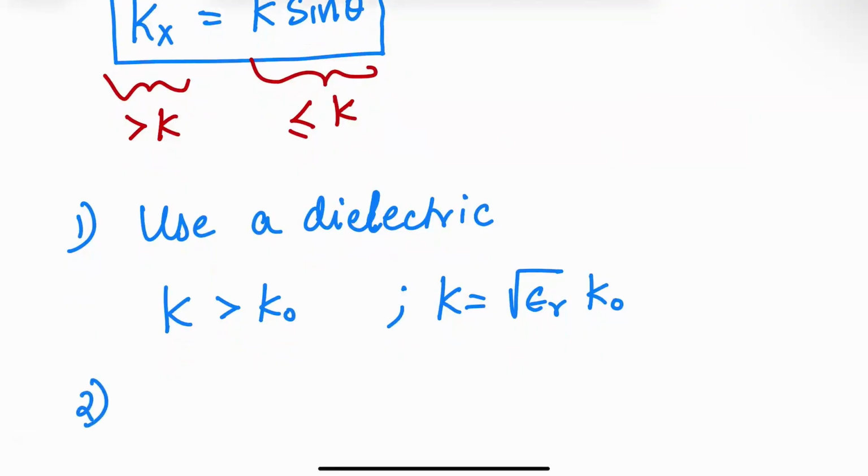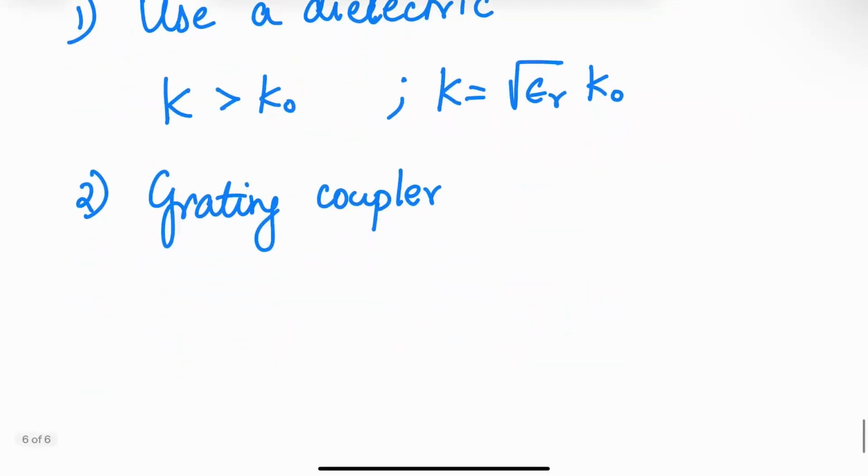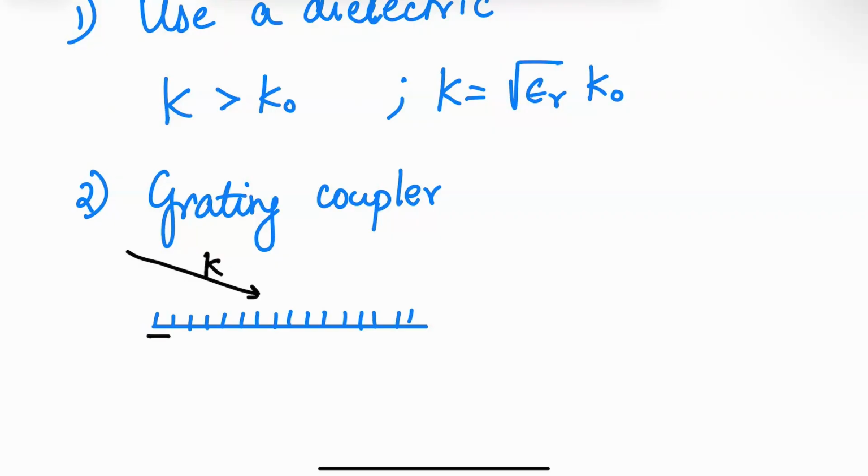Okay, the second case is using a grating coupler. We won't deal with this in this class, but basically take an optics class. You'll see that there's a periodic structure that you can put in such that an incoming wave, which has some k, and by looking at the spacing of this, which is 2 pi by, let's say, capital lambda, this gives you a k capital lambda, which is the coupler k.